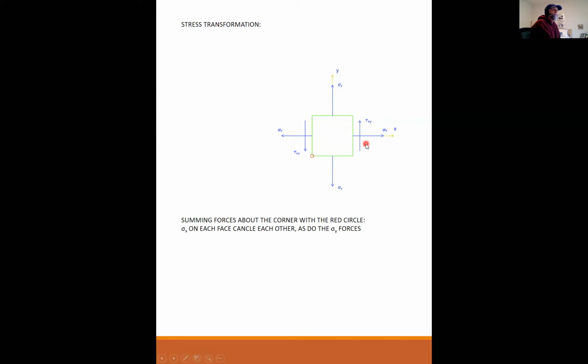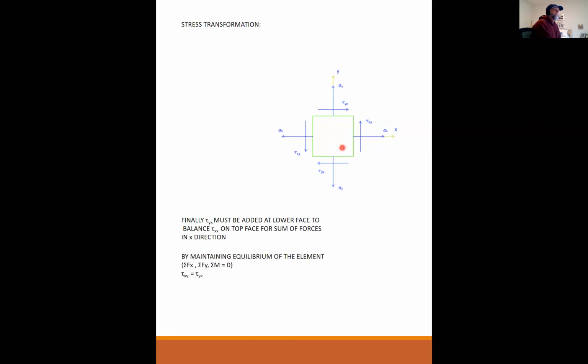So I have to have something that balances this tau xy. So I have to have tau yx with the same moment arm about this point to cancel this one. And so what we're concluding is that tau xy equals tau yx. All the shearing stresses are equal in magnitude.